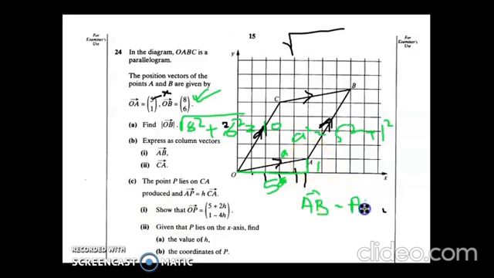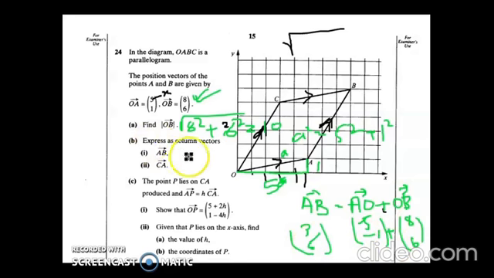AB will be found by AO plus OB, the addition rule we just discussed. OA is 5, 1, so AO will be minus 5, minus 1. And OB will be 8, 6. So minus 5 plus 8 will be 3, and minus 1 plus 6 will be 5. So it will be 3, 5.